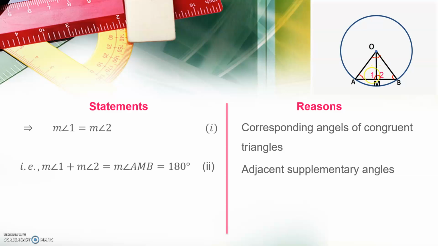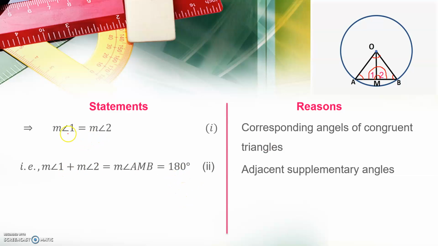Here students, angle 1 and angle 2 are adjacent supplementary angles because this side or arm OM is common to both angles, and we know that the sum of angles on a straight line is 180 degrees. So that is why we say that measurement angle 1 plus measurement angle 2 is equal to 180 degrees.